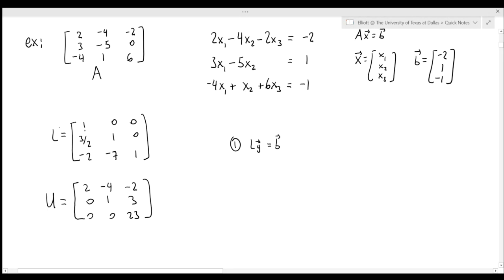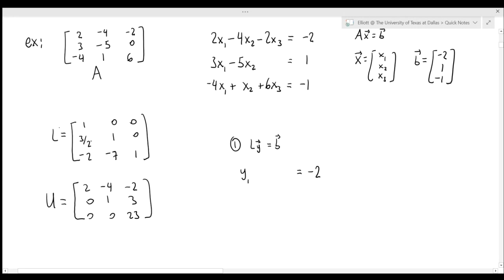All right, so here's the matrix L, and here's b. So I'm going to write out the system of equations corresponding to this matrix equation. Looking at the first row of L, the first equation is going to be 1y1 + 0y2 + 0y3 = -2.